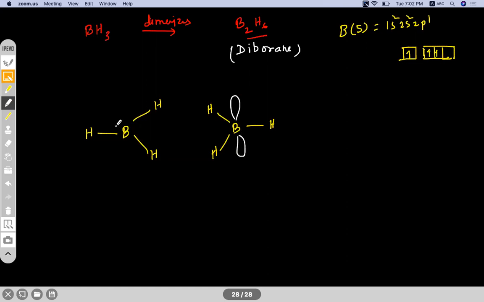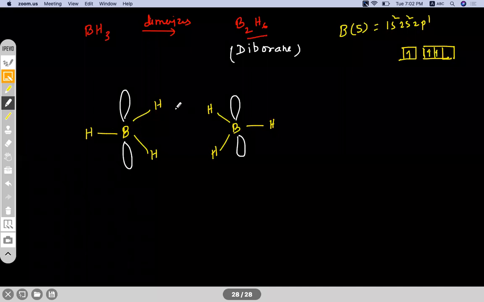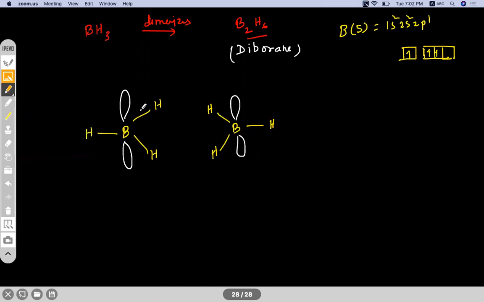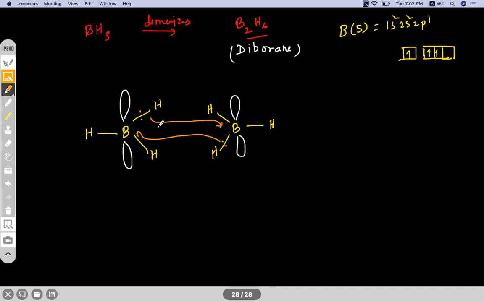In fact, you can keep this in mind: boron, whenever bonded with 3 bonds, has 1 vacant orbital. And that's why this electron pair, which is present here, is associated with this boron atom, and this electron pair is also associated with this boron atom.